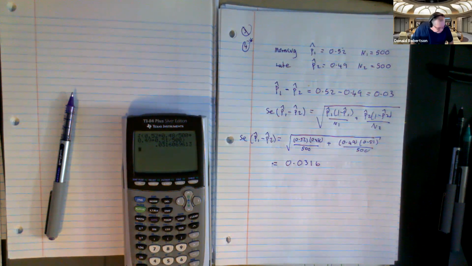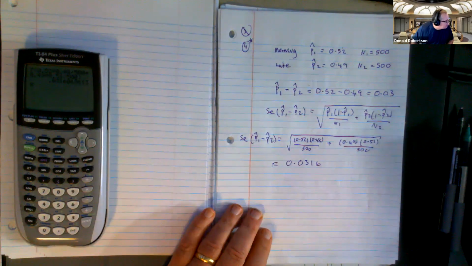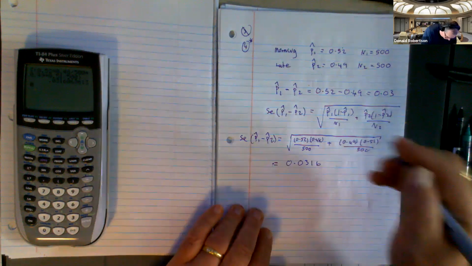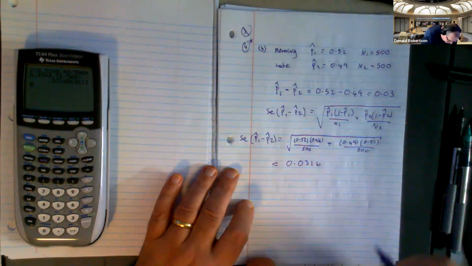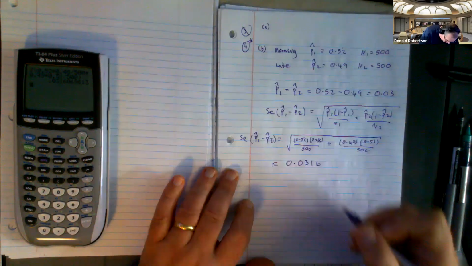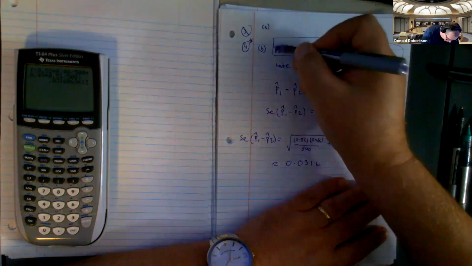Do I need anything else here? Oh, they did do, and I'm trying to get my, all I've done here right now is question B. What I didn't pay attention to was question A. But in question A, they only wanted you to do it for a single sample.